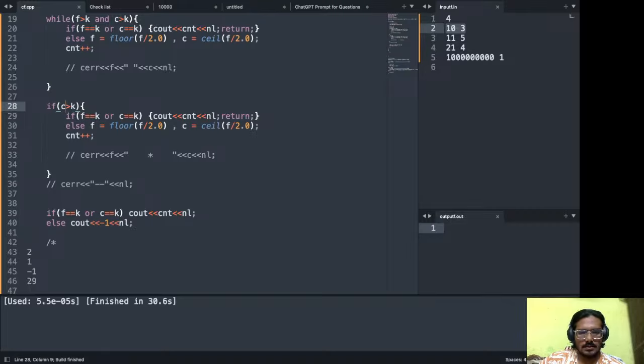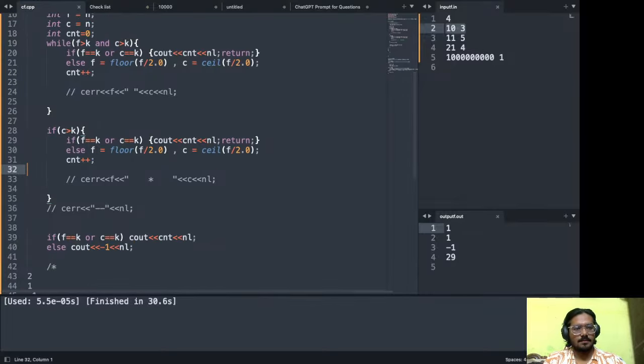What can be done? If it's 30 is the max. I have no idea.